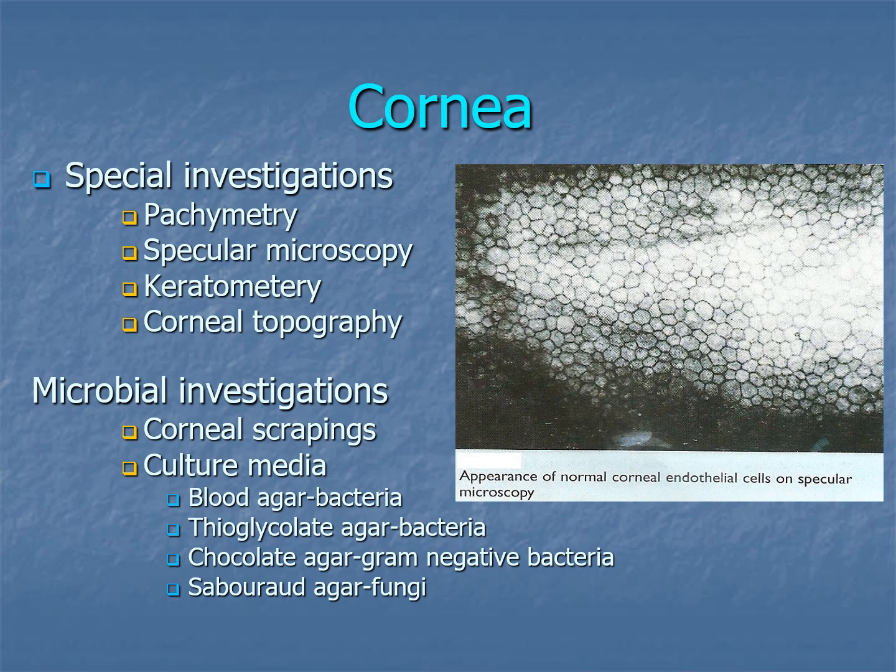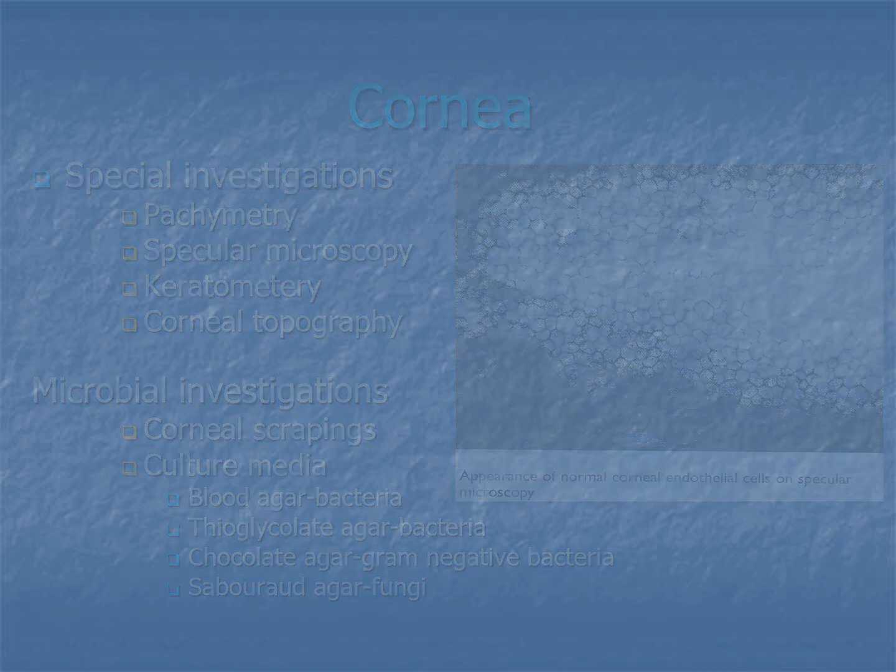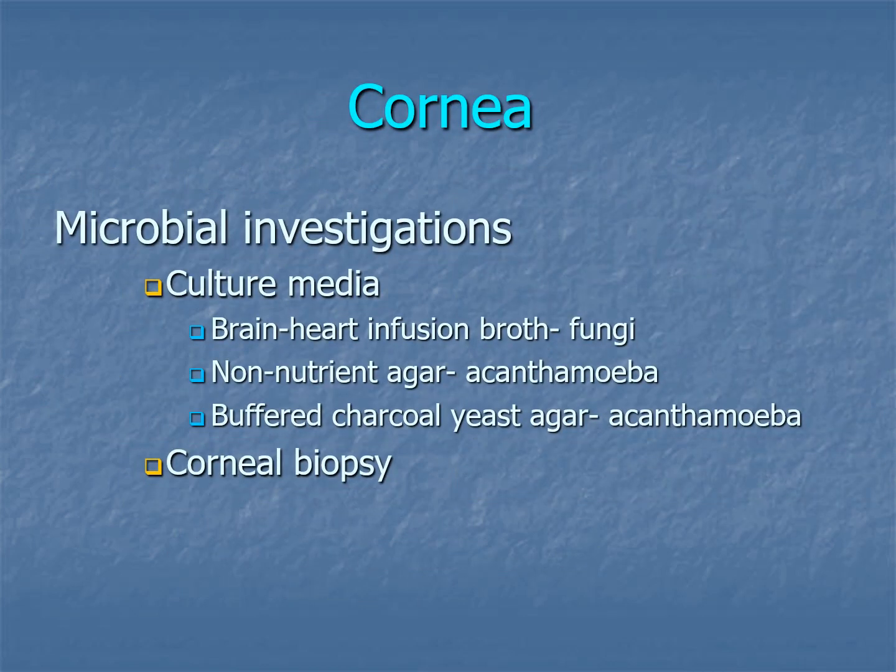Sabouraud agar is for fungi, and brain heart infusion broth is also for fungi, and non-nutrient agar seeded with dead E. coli is for Acanthamoeba. Acanthamoeba is a protozoal infection. Buffered charcoal yeast agar is also for Acanthamoeba. And still, if you have doubt in the diagnosis, you can take a corneal biopsy, which is helpful in certain corneal diseases.